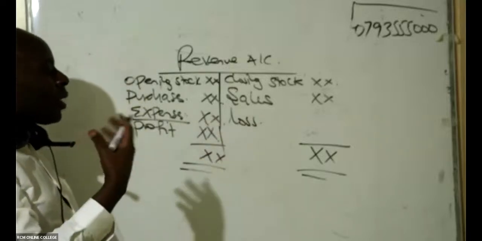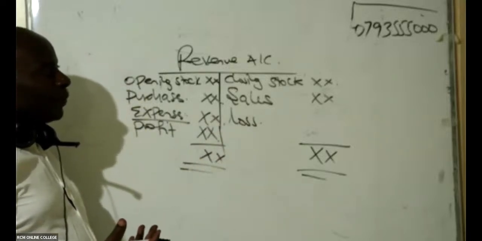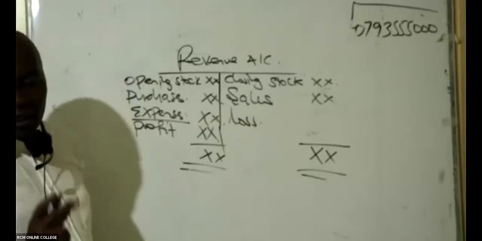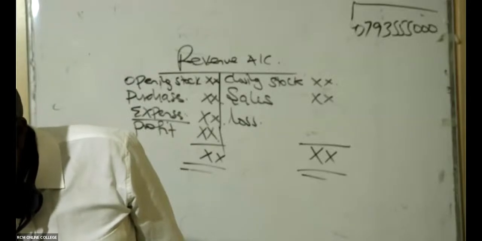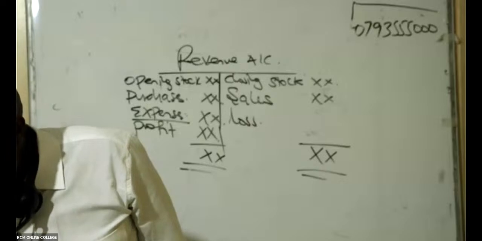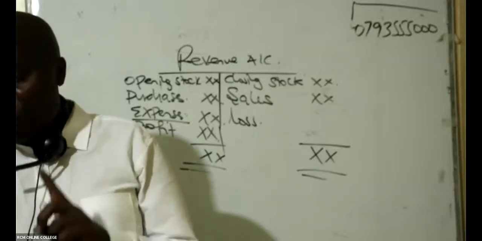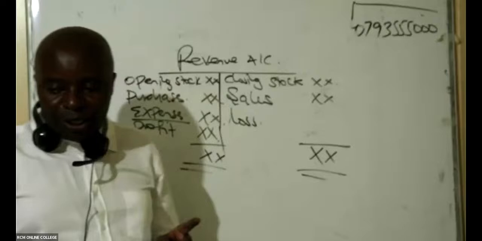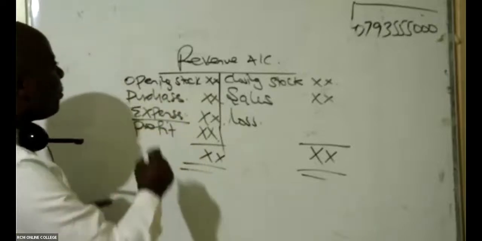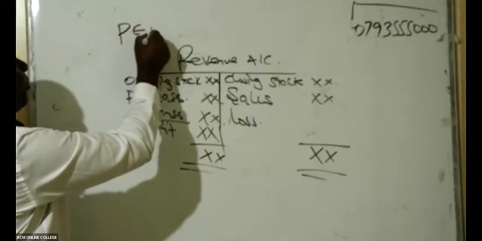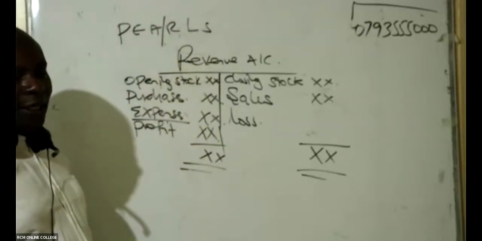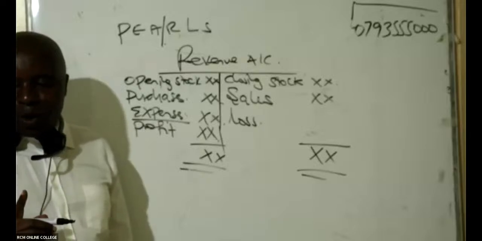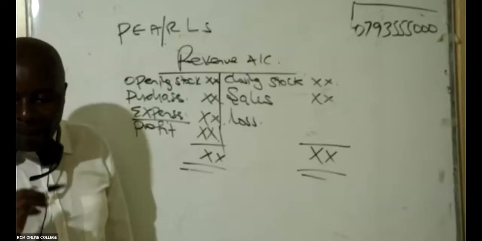As I introduce this concept, ladies and gentlemen, I would want you to appreciate one thing here. Our double entry principles must be very good. It's all about double entry. If you remember very well your financial accounting, you are told in the double entry, we have what we call the famous pairs.